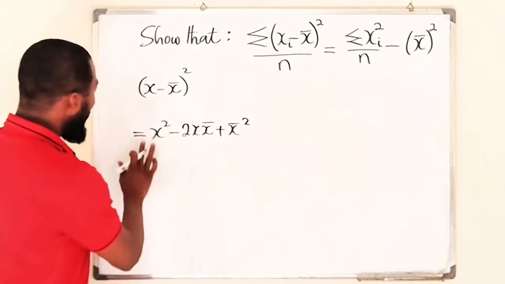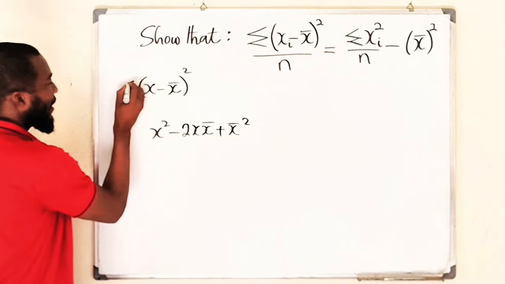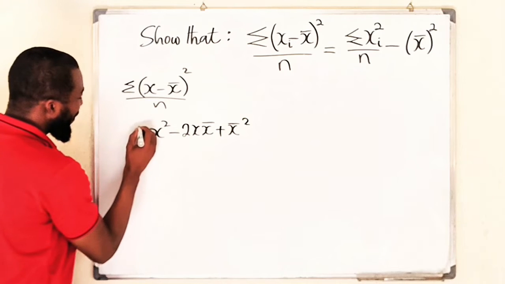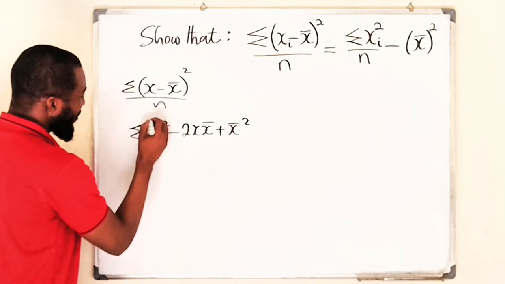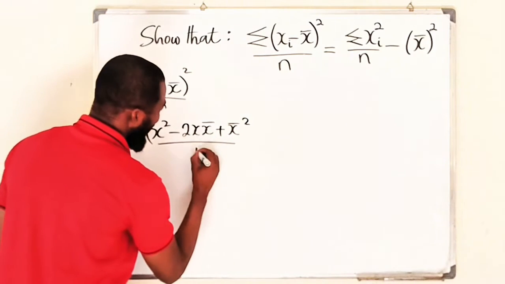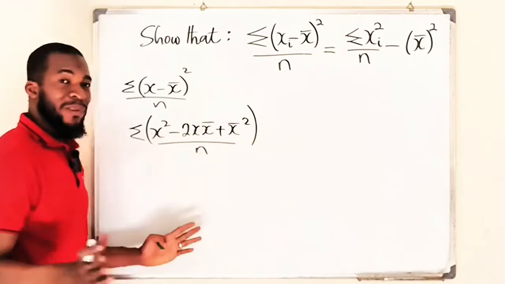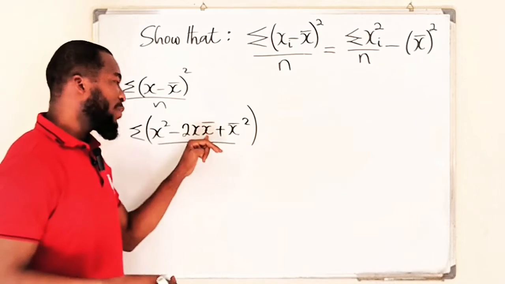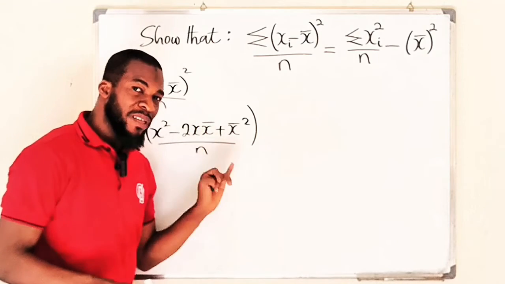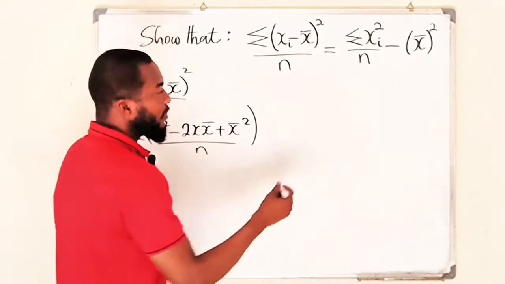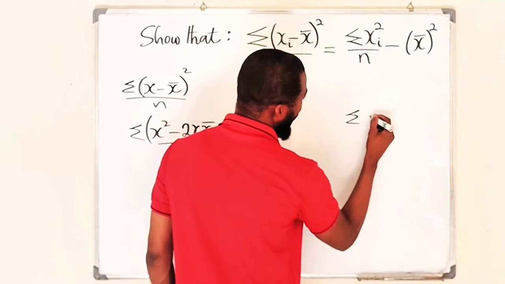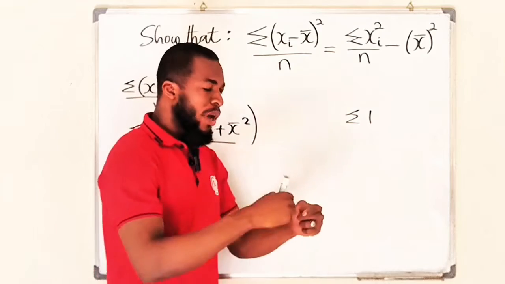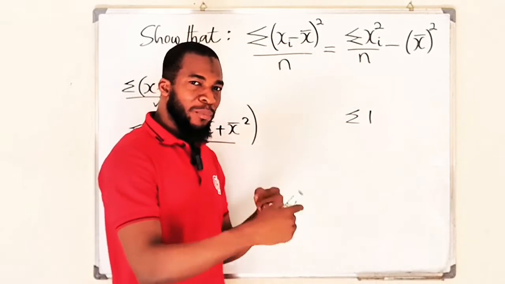But remember, we have a summation here and also divide by n. So we can equally take the summation of the whole of this, also divide by n. One thing you should know is that, I repeat, mean is constant. It doesn't change. So for instance, if I want to take the summation of 1, it means 1 plus 1 plus 1 plus 1 plus 1.